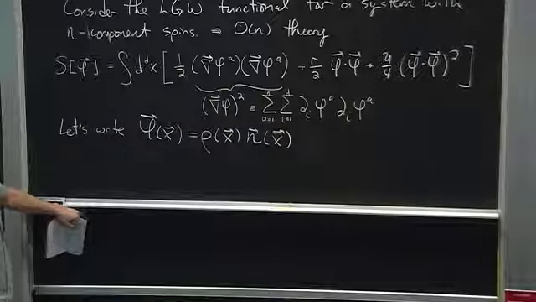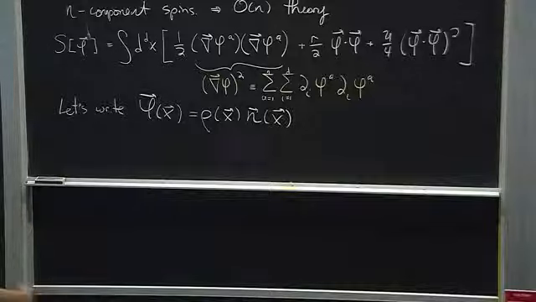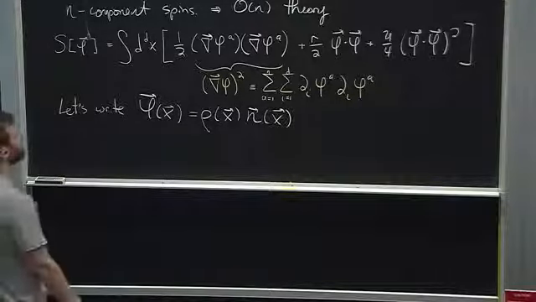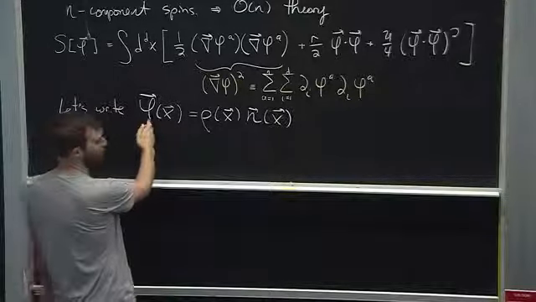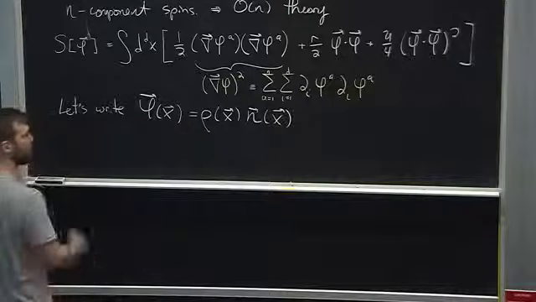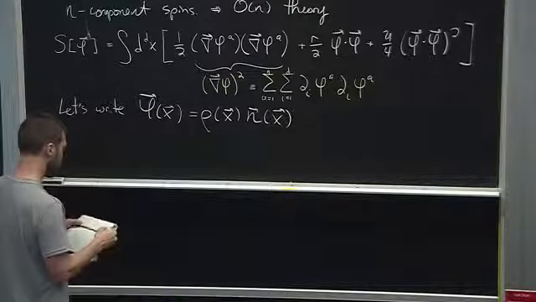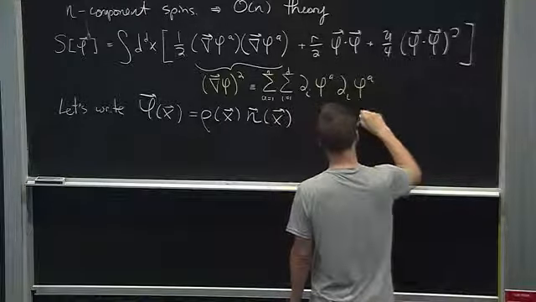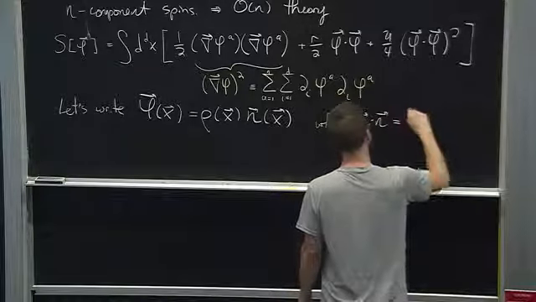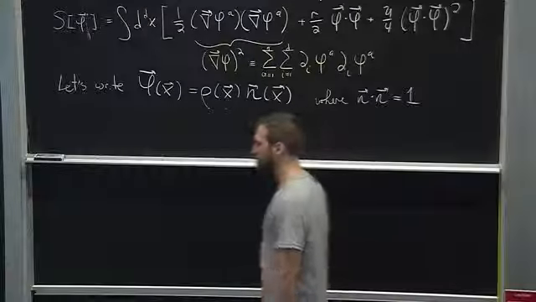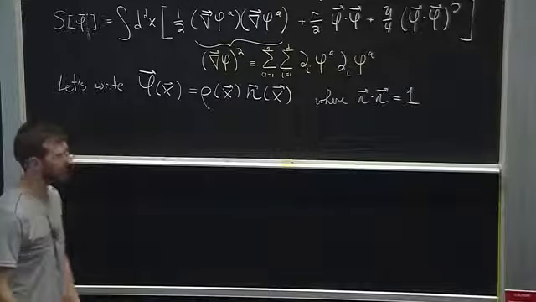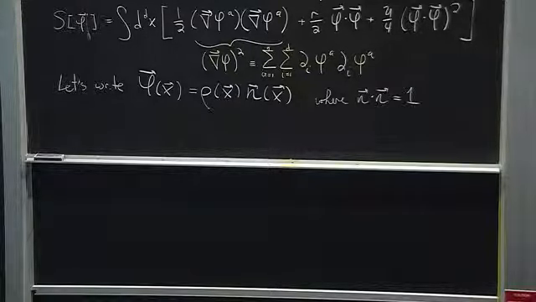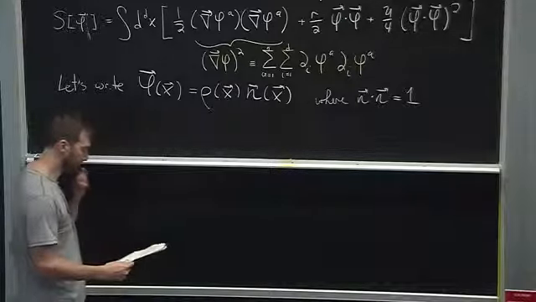And of course I leave out all that spatial dependence, but that's the point of the field theory, right? The order parameter, if you will, is represented by that object which varies in space. And this n will be a unit vector. So it just specifies the direction of the field. And that n being a unit vector gives us all the important constraints when we derive the nonlinear sigma model.